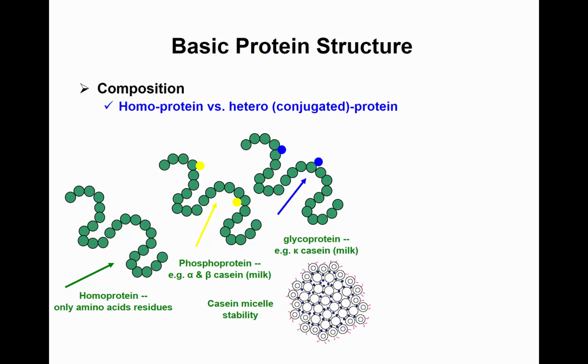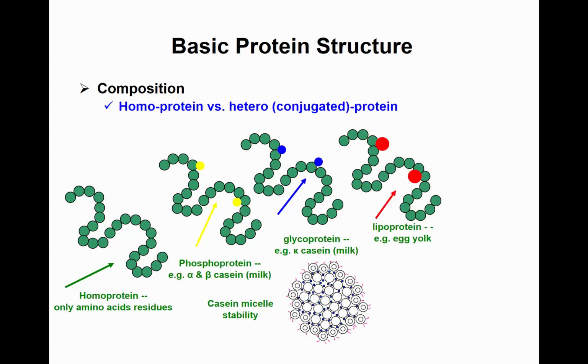They form calcium bridges among each other, so they form this quaternary structure. And the glycoprotein, the kappa casein, is on the outside, with those hair-like structures that are hydrophilic and very negatively charged, giving the micelle stability in an aqueous medium. So it is a stable colloidal system in milk.